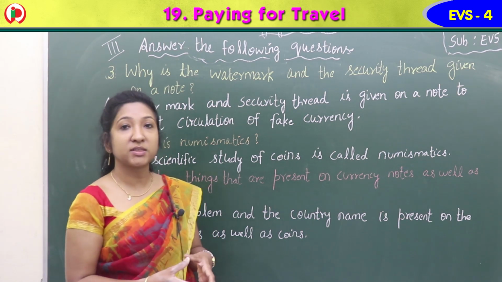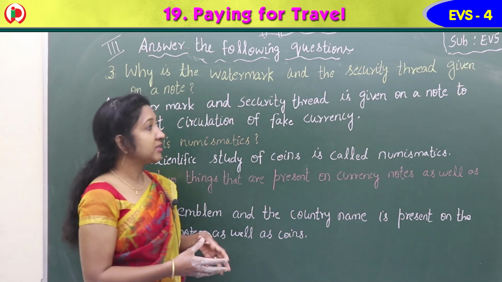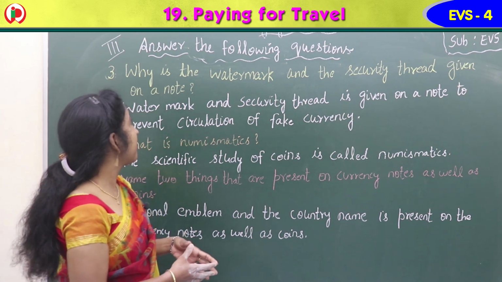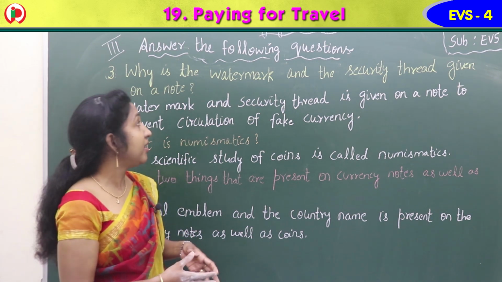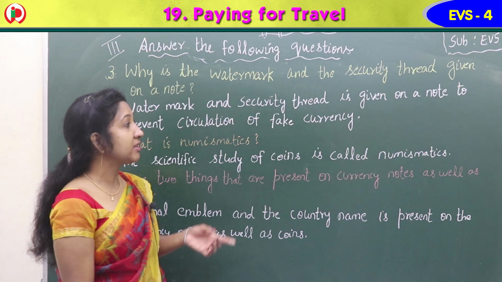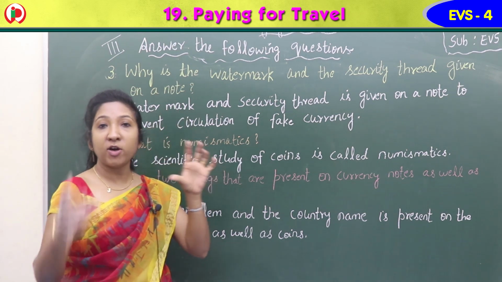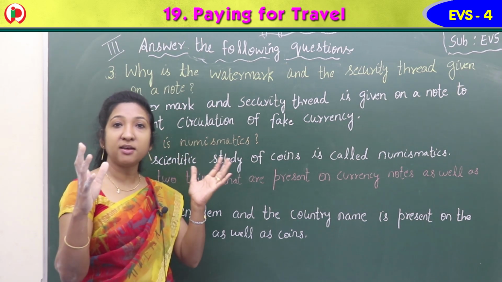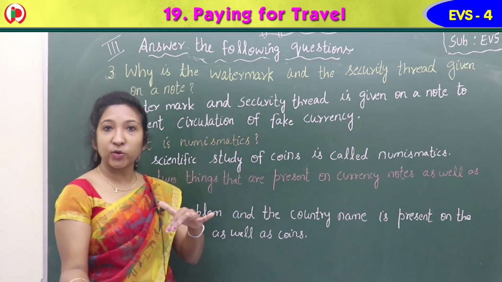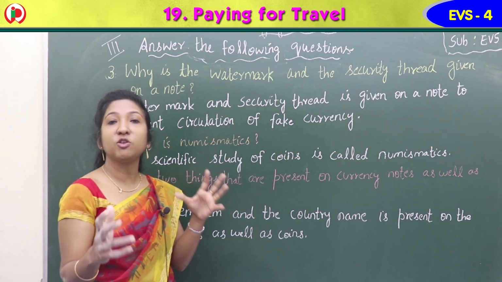Answer the following question, the third one. What is the question? Come on, read. Yes. Why are the watermark and the security thread given on a note? So on an Indian note we can see a watermark and security thread. Why is it there on the note?